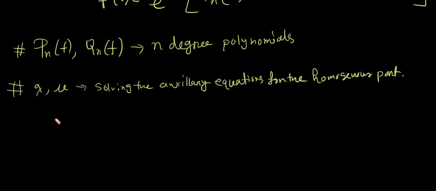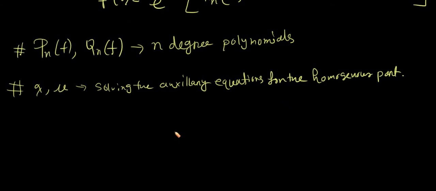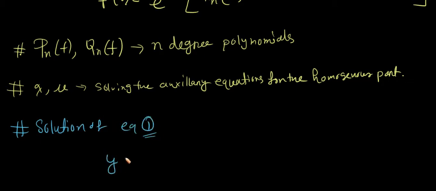Since we have cleared up what these parameters are, now we want to see the solution of equation 1. The full solution can be written in the following way: you have a complementary solution and a particular solution.